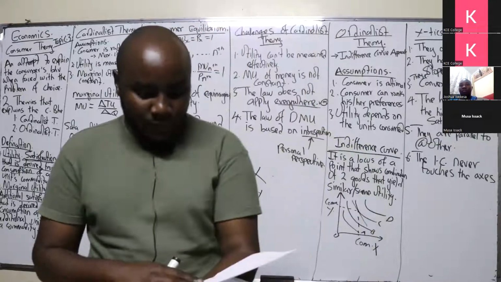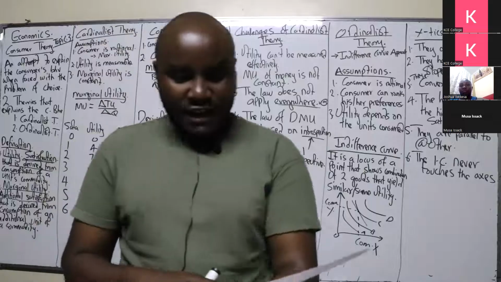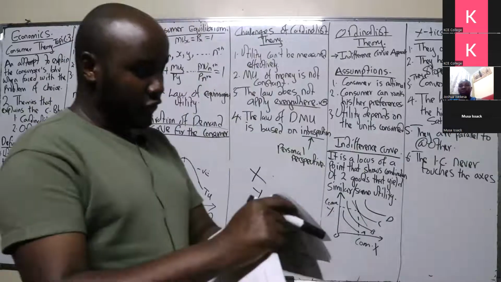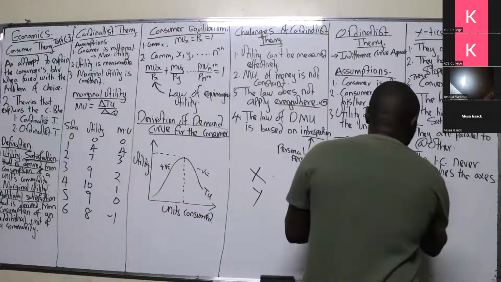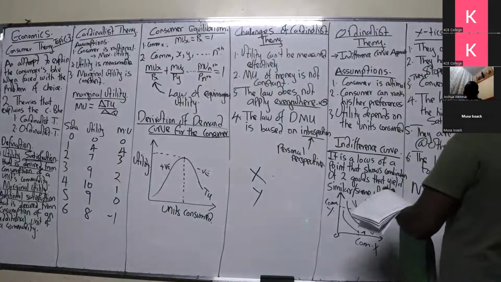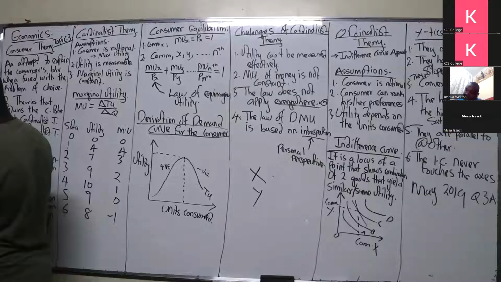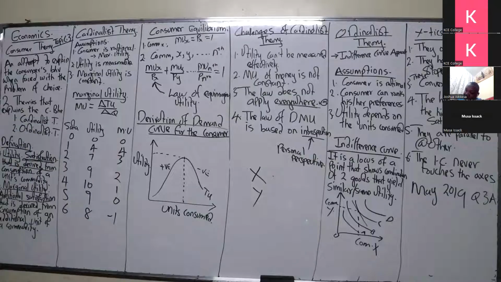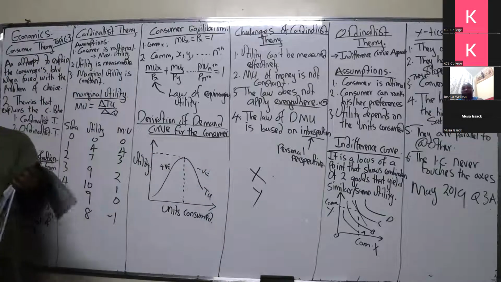I need to check some of the questions. In May of 2019, question 3A, the examiner asked: explain the differences between the cardinal approach and the ordinal approach to measuring utility, and outline four limitations of the cardinalist approach to measuring utility.